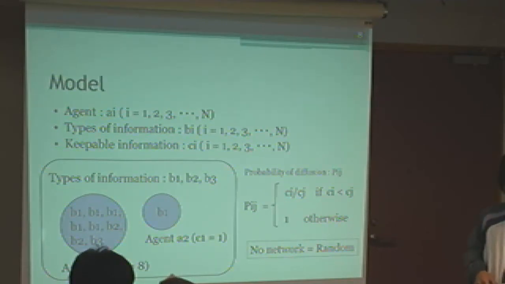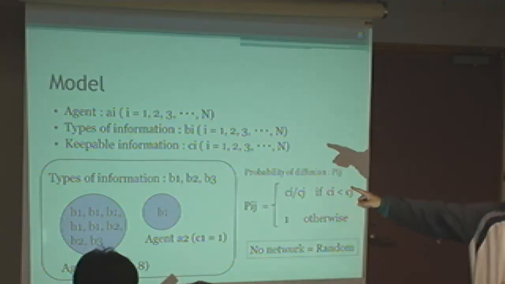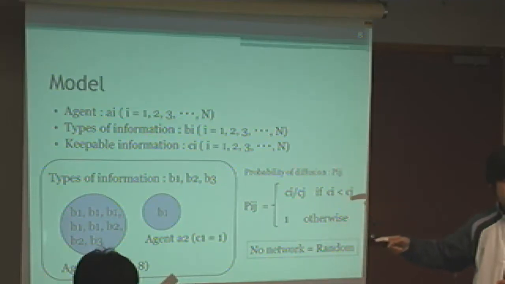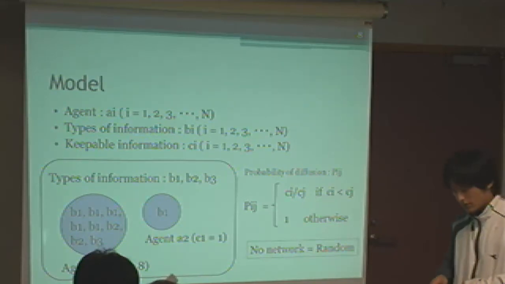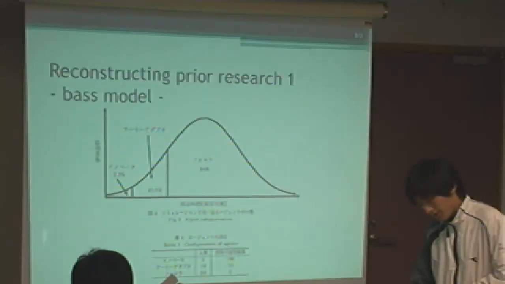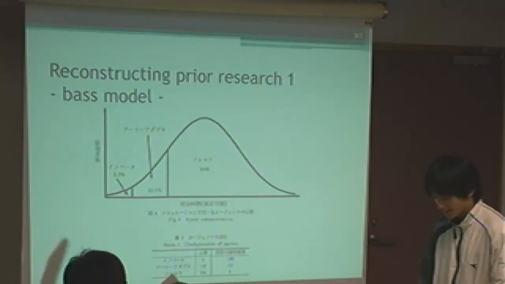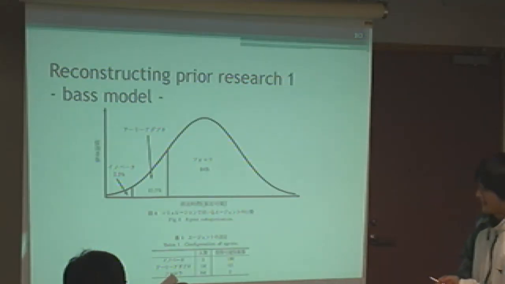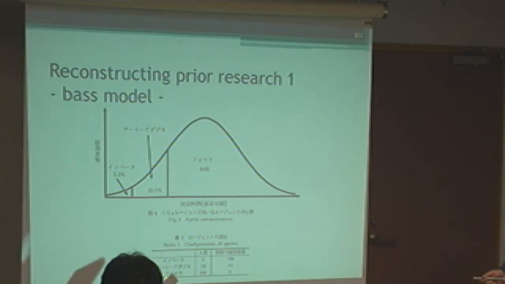So C1 for the early adapter is 10. How many are the composition of innovator, early adapter, and follower in this situation? Innovators are 2, early adapters are 14, and followers 84.